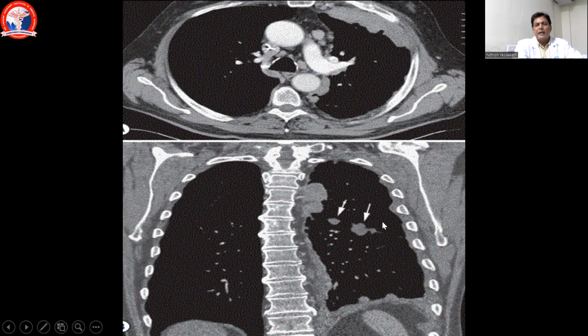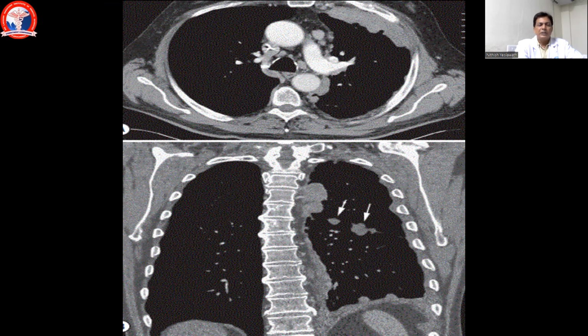As well as a very important thing, along the fissure there are nodular soft tissue opacities. This is the fissure line actually, and along that there are nodular soft tissue opacities. So these are fissure and pleura related soft tissue thickenings.